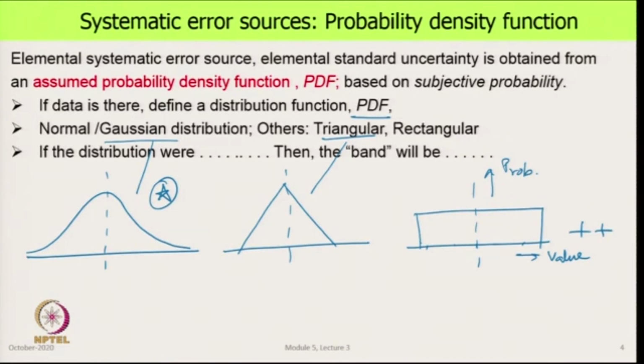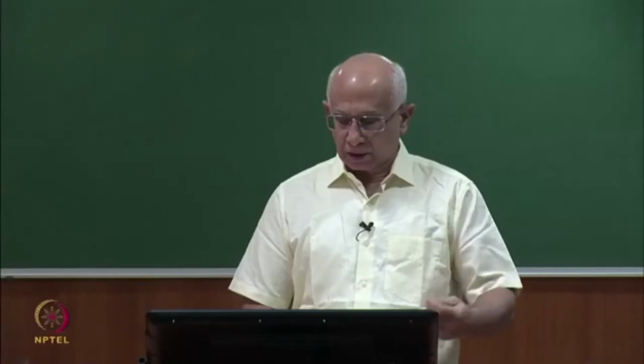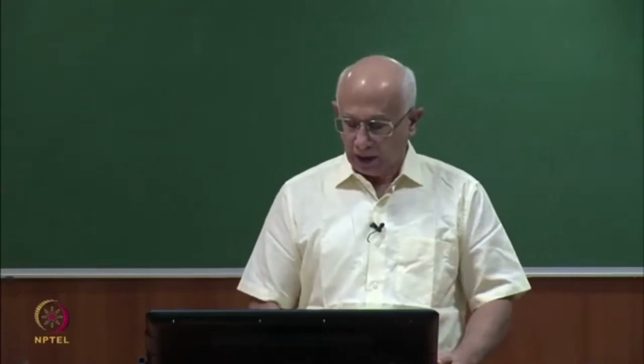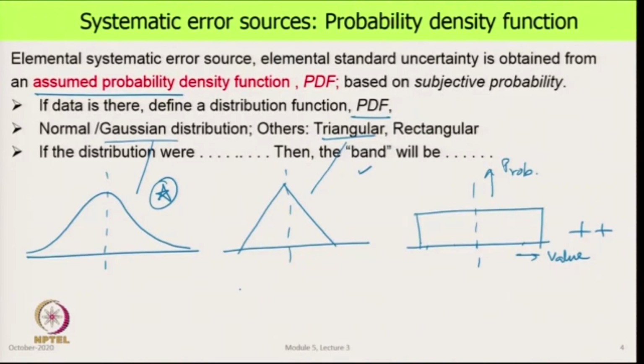So, now what we are saying is, if somehow we would have known this distribution function, which we actually do not, so we are assuming it, and we say, okay, this particular systematic error source has a triangular distribution function. And then we say, I have been told by the instrument catalog or by the instrument manufacturer or some other data that at such and such a confidence level, the accuracy is this much or the linearity is this much.